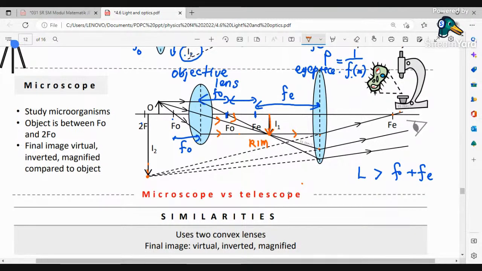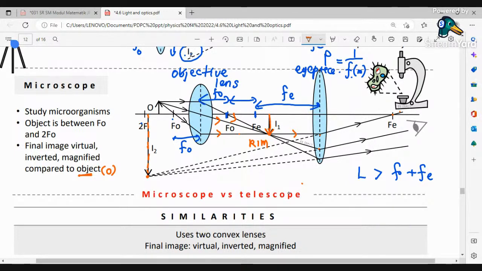Selalunya kita lukis ini adalah dash line, dash line. Okay, so I2 produced is virtual, inverted compared to the object. Object yang mana? Ini yang objek O tu.